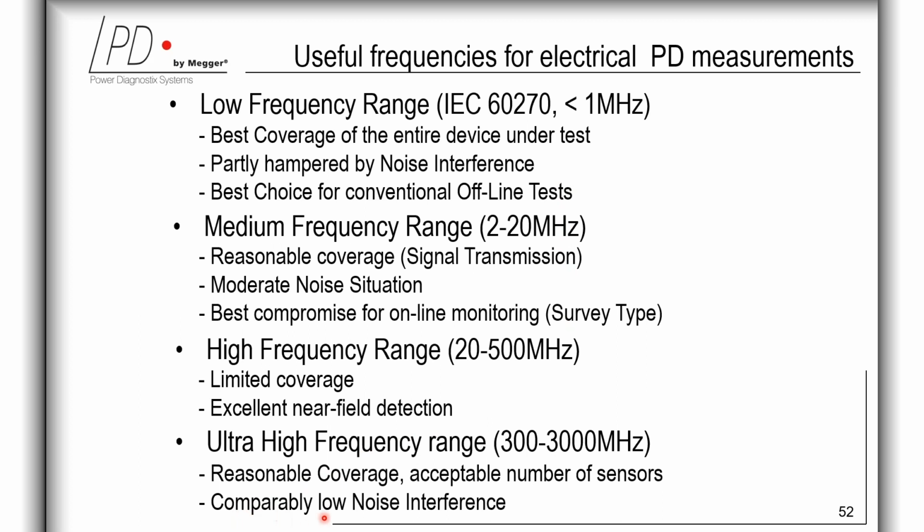So as said, in this range we have comparably low noise interference, and the ultra high frequency range goes up to 3 gigahertz, but the frequency converter units cover up to 1.8 gigahertz, and this is sufficient since it covers the vital frequency components of the PD signal.